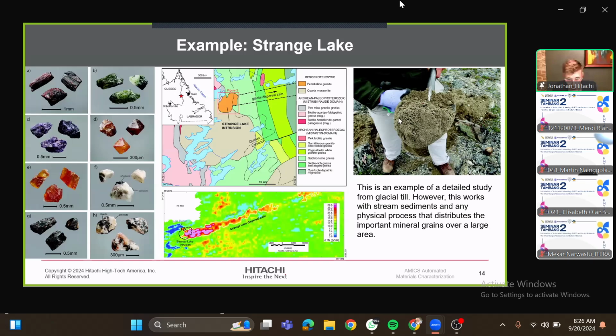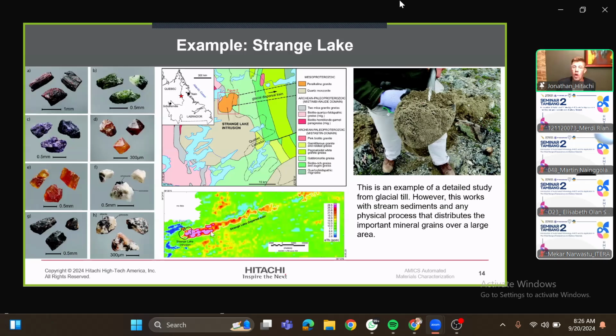And those sand grains were created from the mechanical action of the ice. Where I'm sitting right now in Chicago, Illinois, just 12,000 years ago, there was a mile of ice above me. Your soils in Indonesia are millions of years old. Up in Canada, where Hitachi has a big office, the ice was up to 3 miles thick.